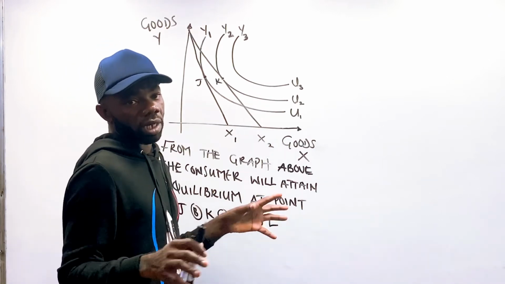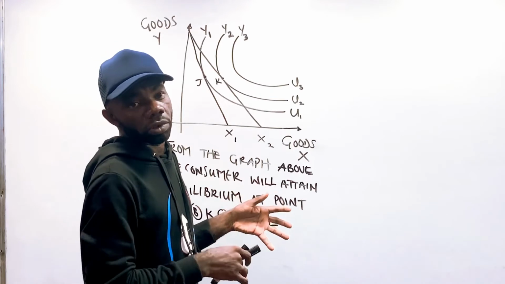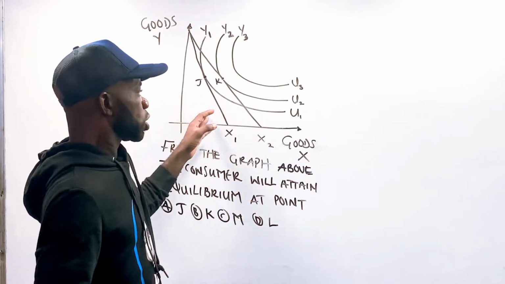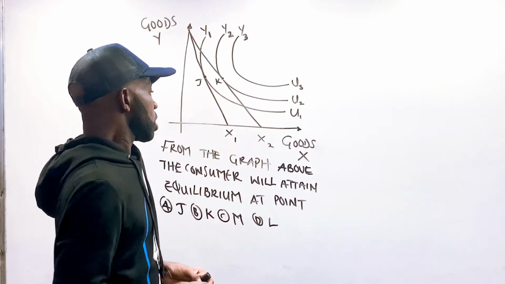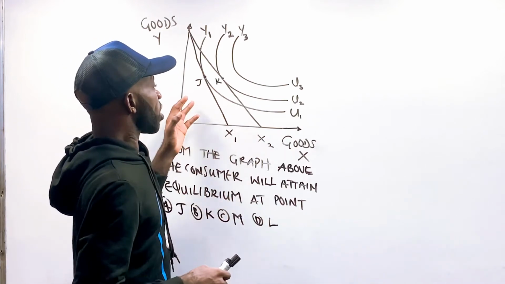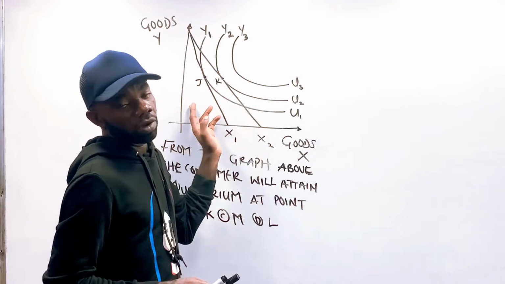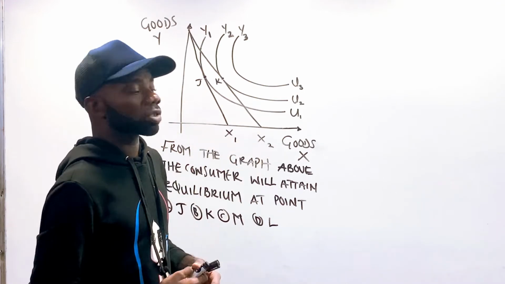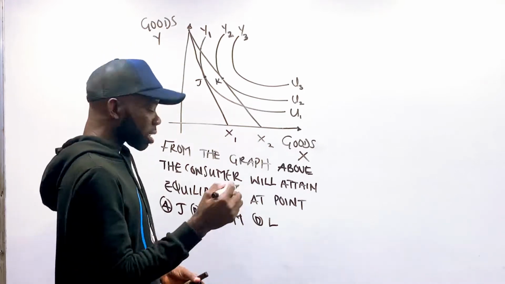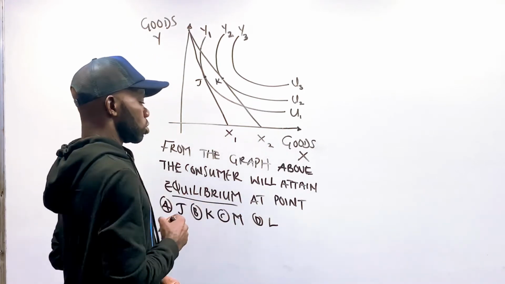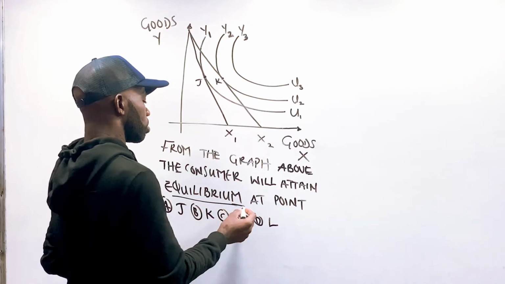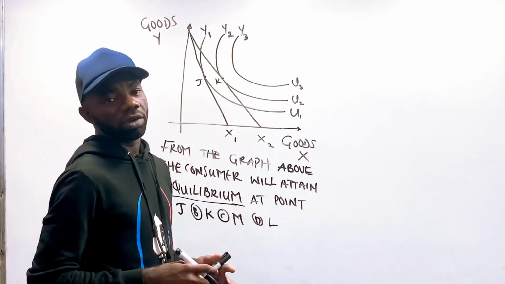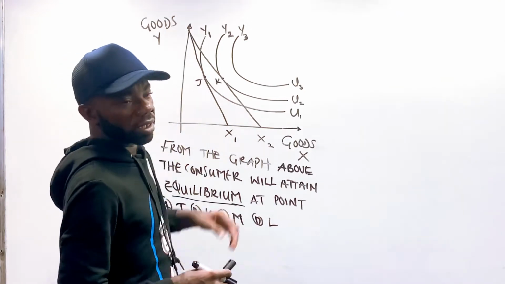Anyway, we're not going into the topic of indifference curve analysis and budget line. So let's just go straight to the question. For every indifference curve, it comes with a different level of satisfaction. And it's something the examiner is trying to test: the equilibrium of a consumer, where you have two budget lines.